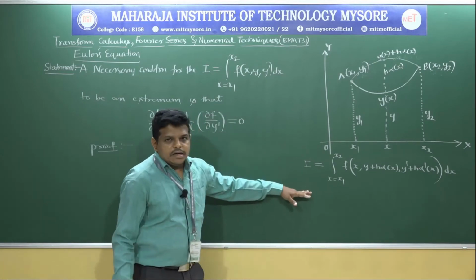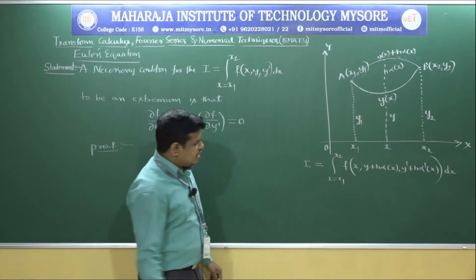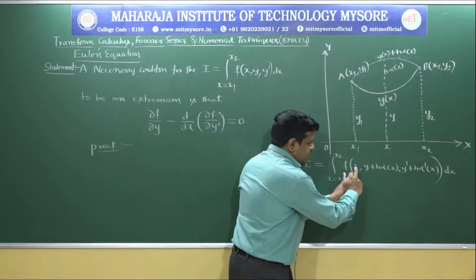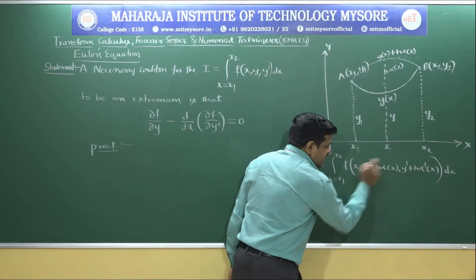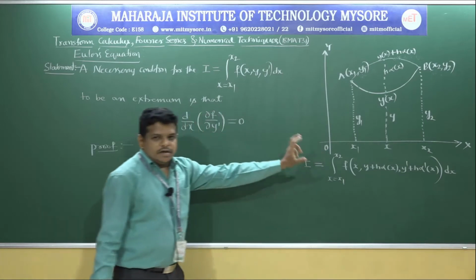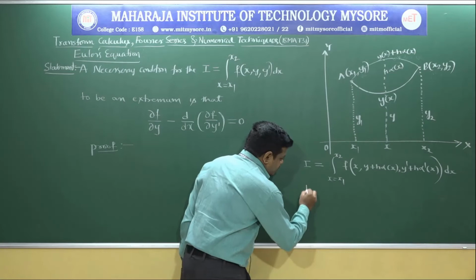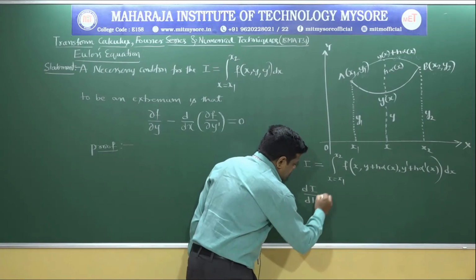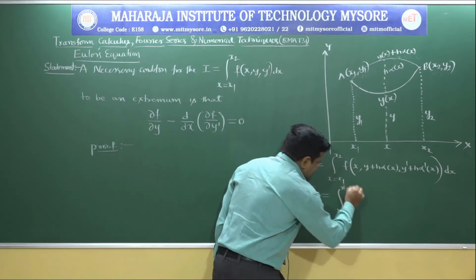Next, applying differentiation under the integral sign by the Leibniz rule, just observe the variables of f, that is x, y and y dash. Excluding x, y and y dash, we have a constant, that is the small parameter h. This we need to differentiate with respect to h, that is dI by dh equals the integral of x running from x1 to x2.